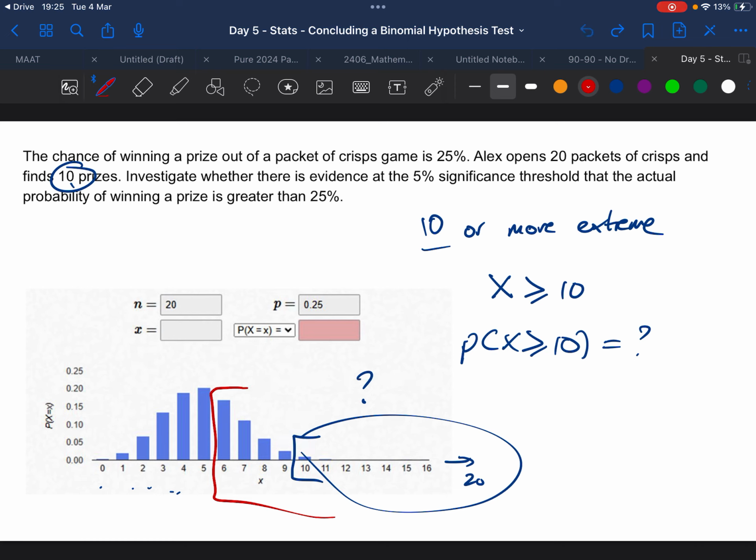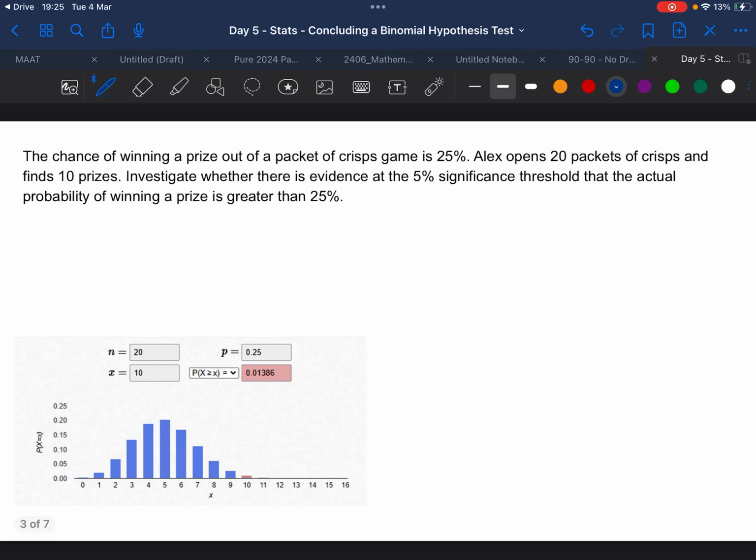We're only going to change our belief if this area, and for this question it's 10 or more, is more special than just happening 5% of the time by chance. If we find this probability, and I'll talk you through how to find it in a second, what you'll find is 10 or more only happens about 1.4% of the time. So what happened here is actually quite special.